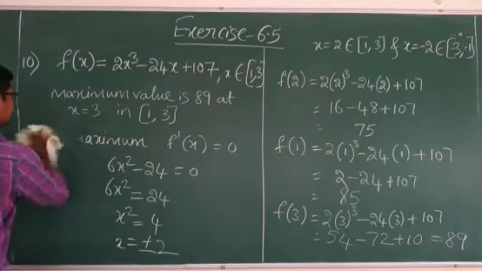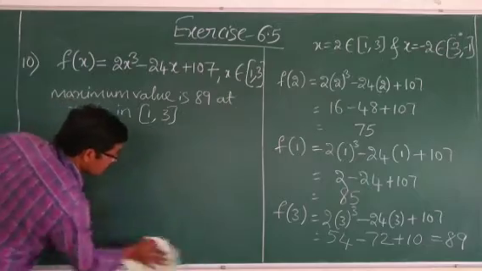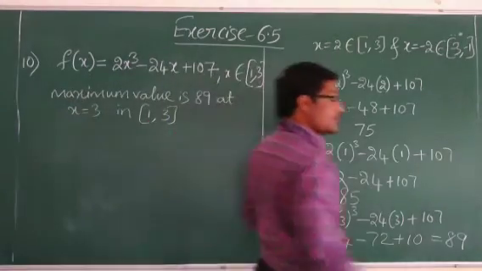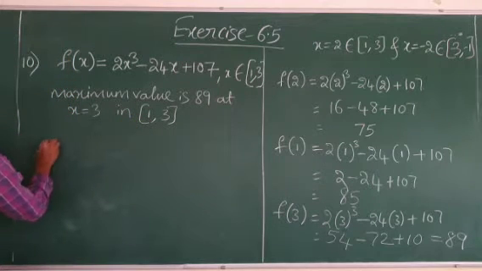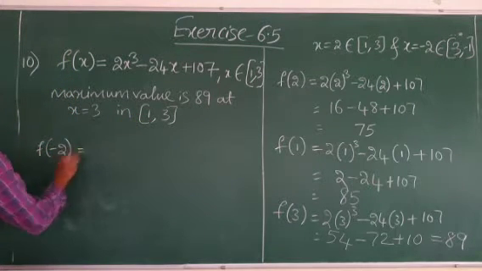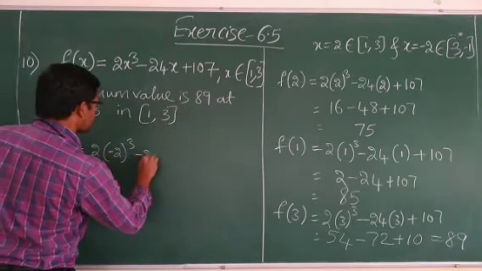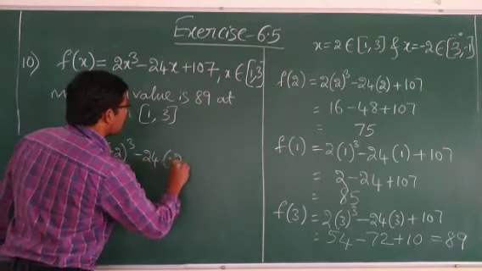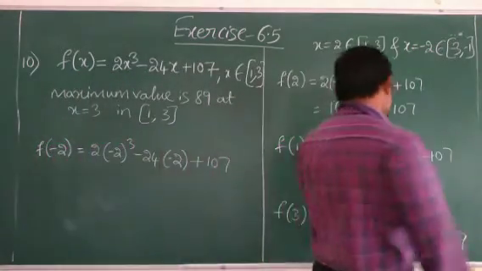Now we take the other interval. For the second part of the question, we can substitute another critical point, that is f of minus 2. Again we get 2 into minus 2 whole cube minus 24 into minus 2 plus 107.